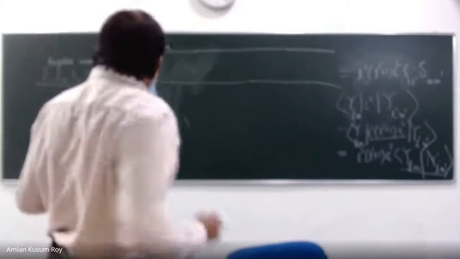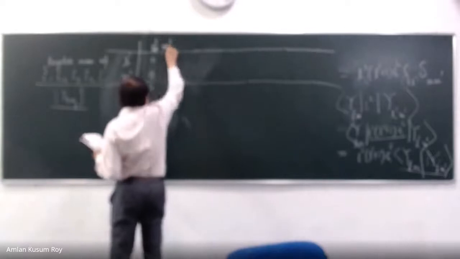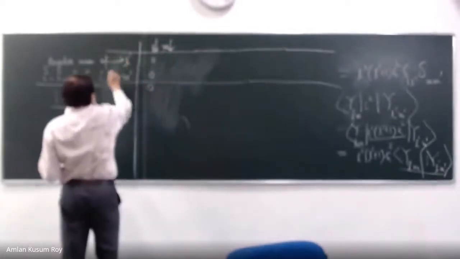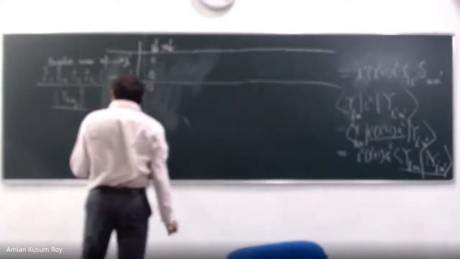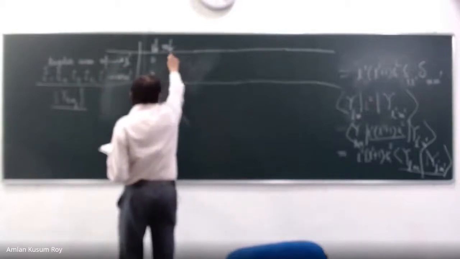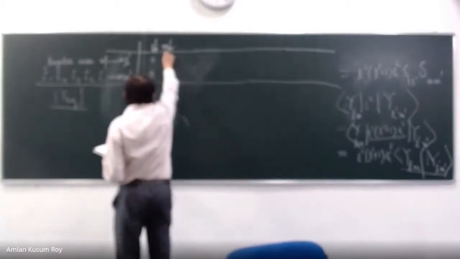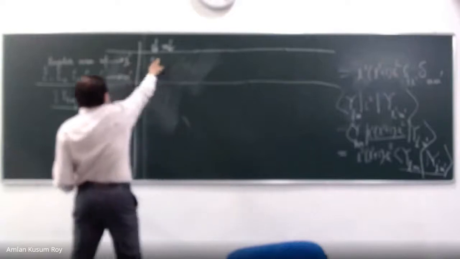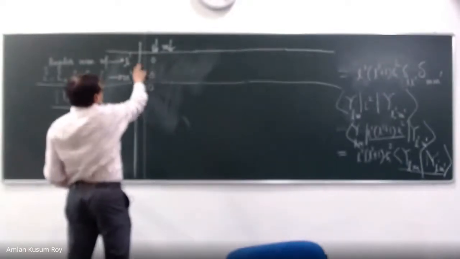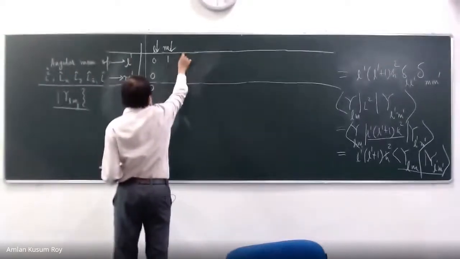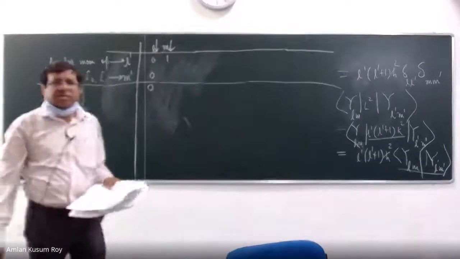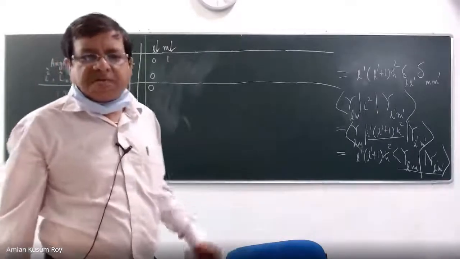Right? So what do I do? I can write something like this. So your L, M, and this is L prime, this is M prime, okay? Let us complete one of them: L prime 0, M prime 0, L prime 1. How many M prime are there if L prime is 1?